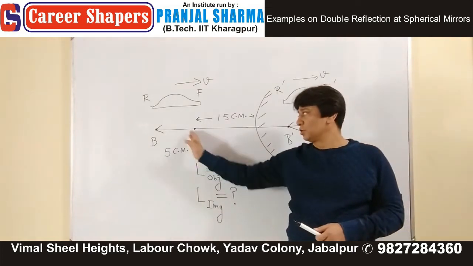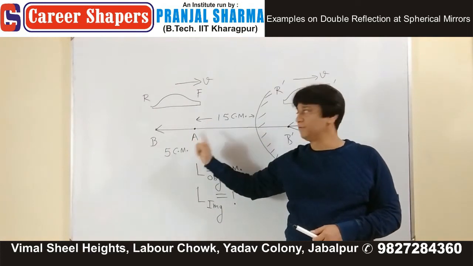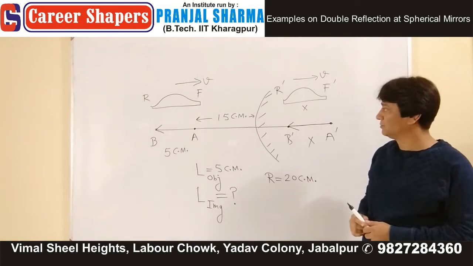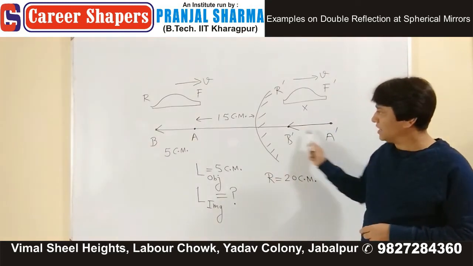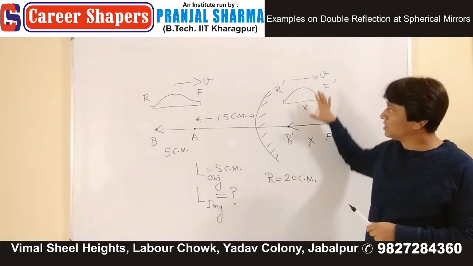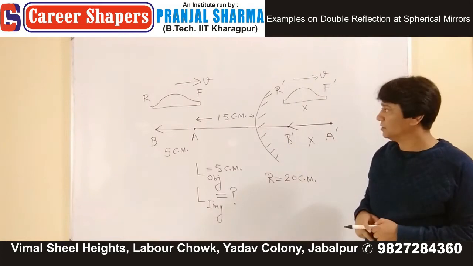So, first of all, you always find a virtual image of a real object if the mirror is a convex mirror. And this type of orientation is not possible, which in itself is a short answer type question.